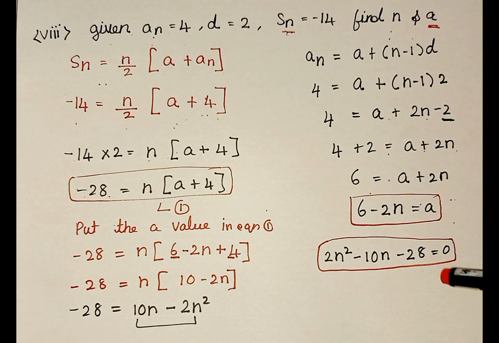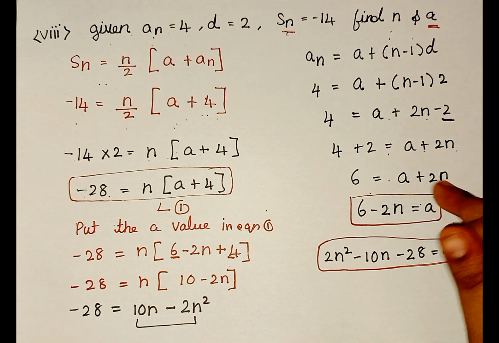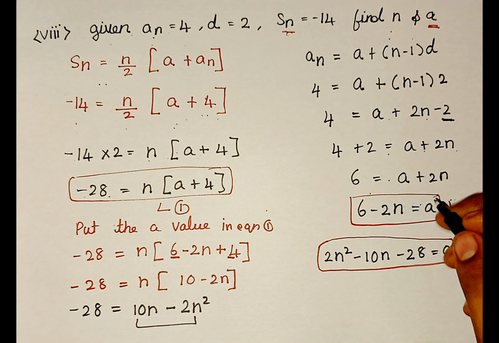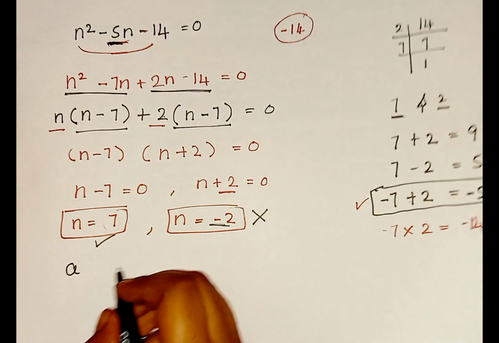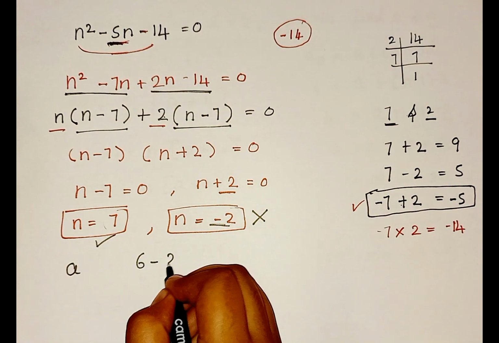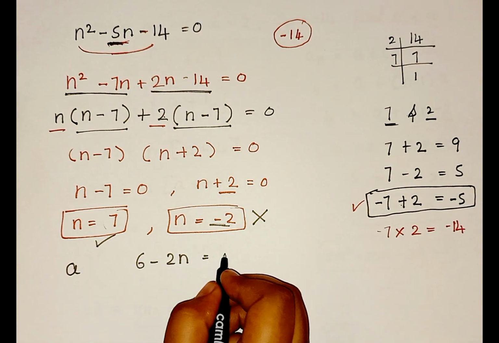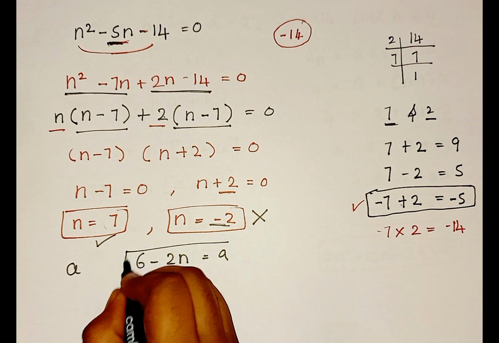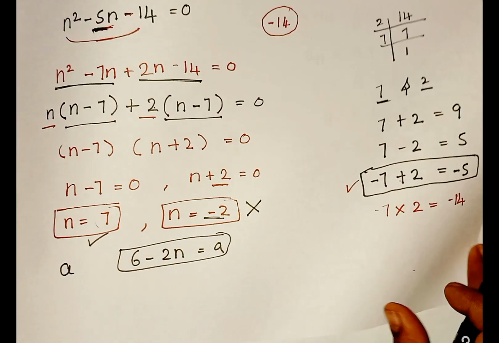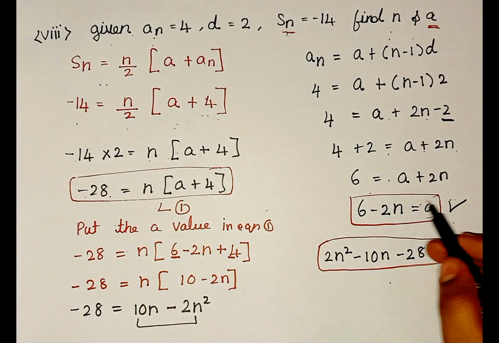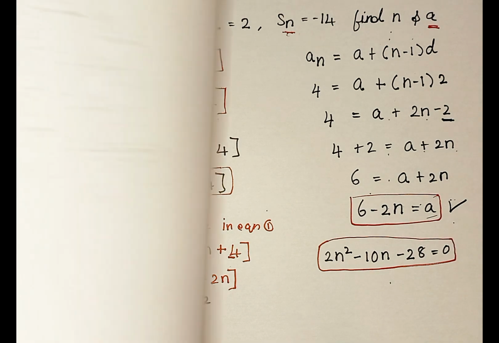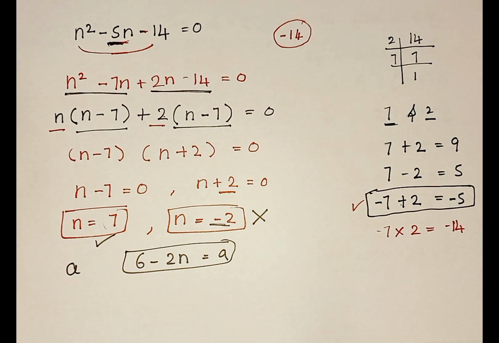Since we don't know the a value, I am going to substitute the n value in this particular expression. So let me write it down. That is 6 minus 2n is equal to a. So this was the value right over here. I just wrote this value as it is. Now finally we know the n value, right?